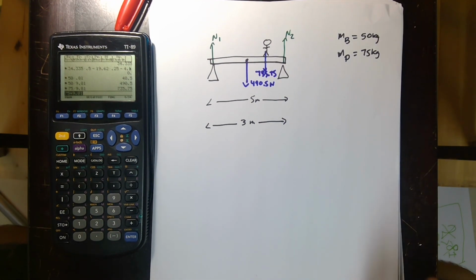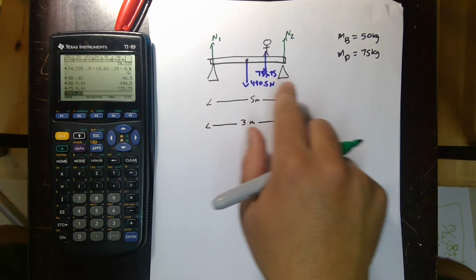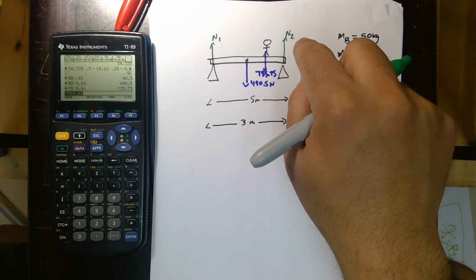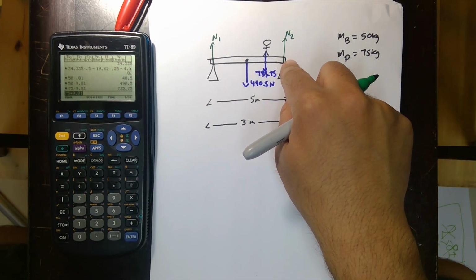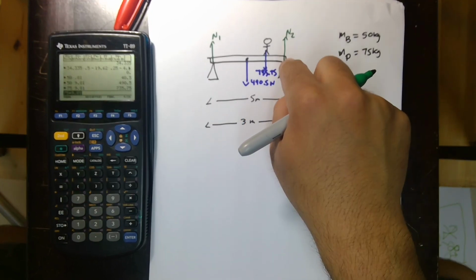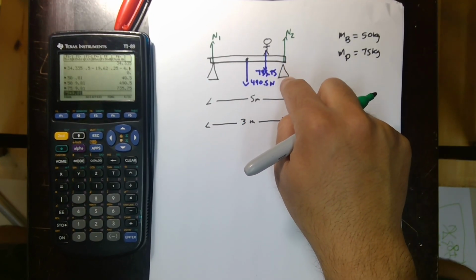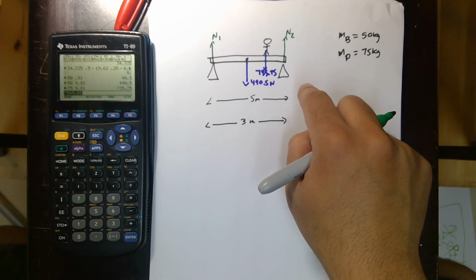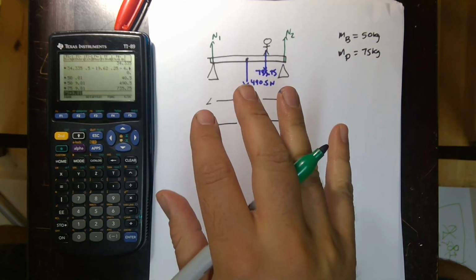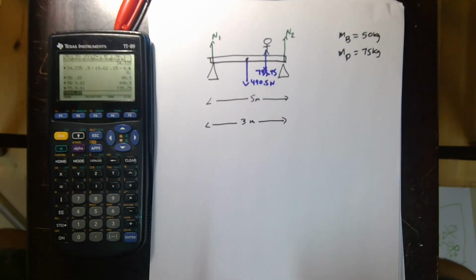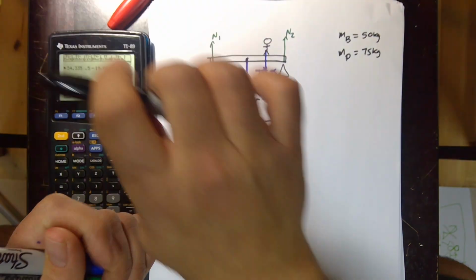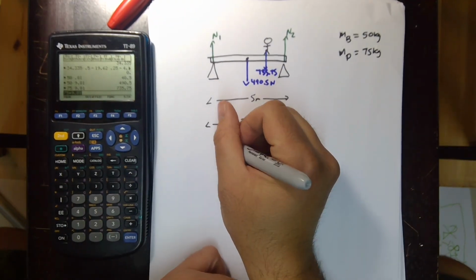In fact, anyone that's carried an object with an uneven weight distribution would know that it's probably harder to hold it up here than it is here. I would expect this ladder to be supporting a lot more weight because the person's closer to it. But right now, when we look at this from a static equilibrium standpoint, you don't have any ability to find out those normal forces.